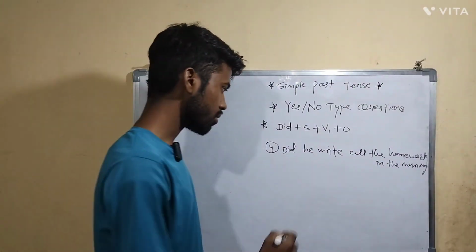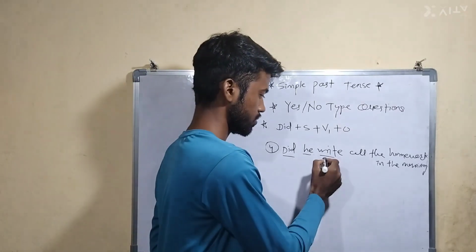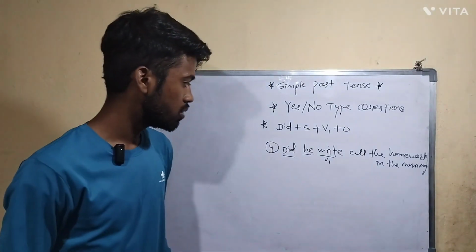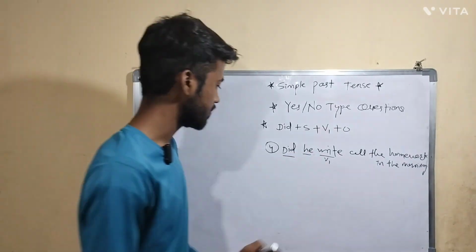So here, what is this? Did is the helping verb. This is the subject, and this is the first form of verb, and the remaining part is object. So what you need to understand here? You understood everything, right? Let's take one more example.